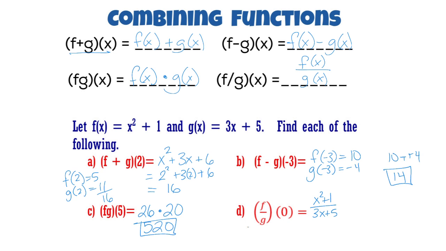If I plug 0 in right here, I'd have 0 squared plus 1. So that's going to get you a 1 over, plug 0 into the second one. That's going to be 0 plus 5. So then your answer is just 1/5. Now, I would be a little bit nervous if my denominator ended up a 0 there, but it didn't, so no worries.